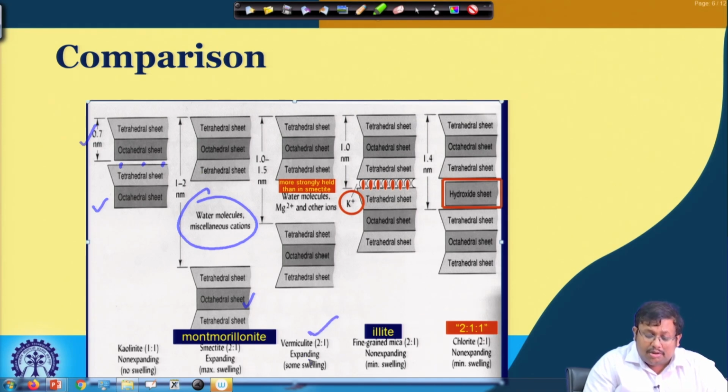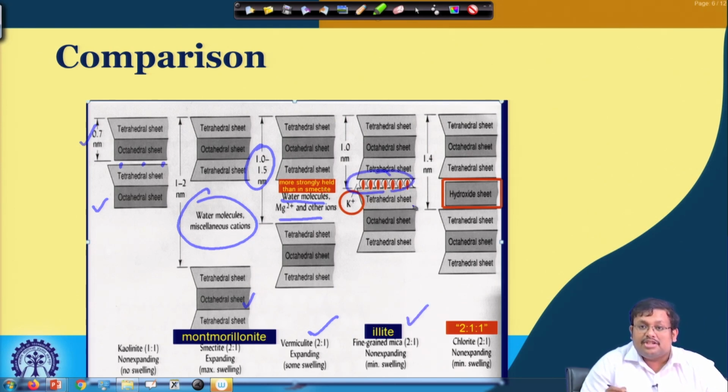Vermiculite is also a 2:1 type, expanding, with some swelling. It does not give as much swelling as montmorillonite, but it also gives some amount of swelling. The interlayer space is dominated by water molecules, magnesium and other ions. The d-axis spacing is 1 to 1.5 nanometer. Similarly, illite, which is a fine-grained mica, is basically a weathered product of mica.